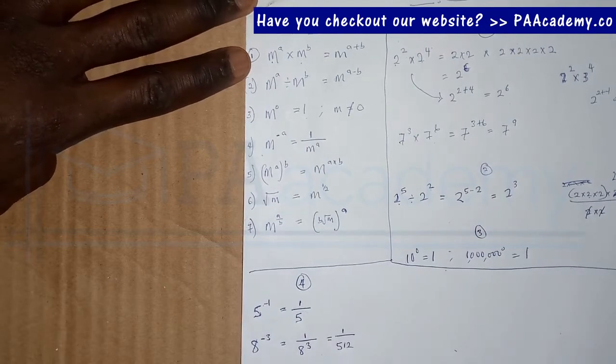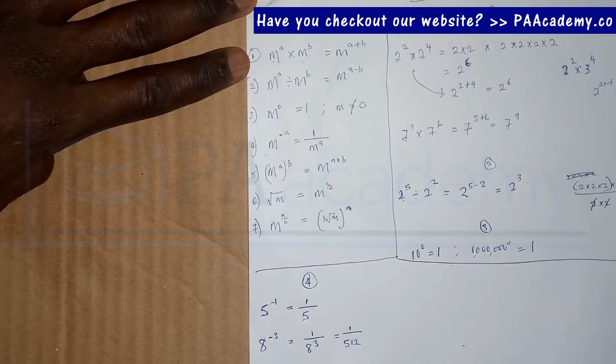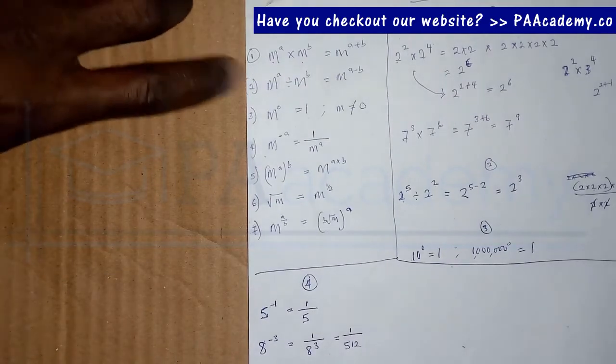So that is it. When there is a negative power, this is the principle that you just apply. It's the same thing irrespective of the number. So 27 raised to power minus 8 is the same thing as having 1 divided by 27 raised to power 8. What this does is it takes out the negative. So that is for law 4.